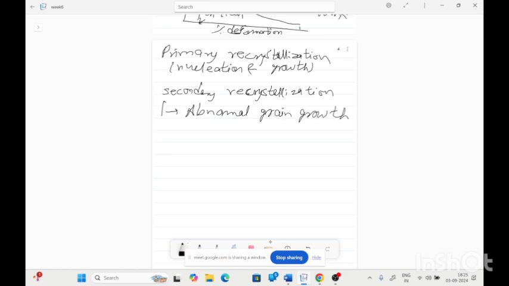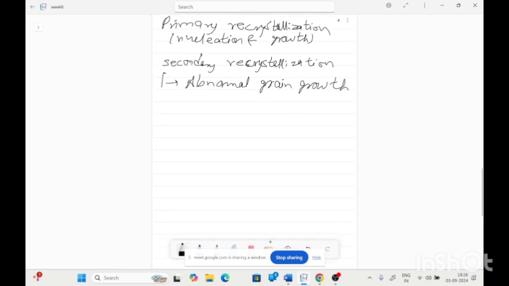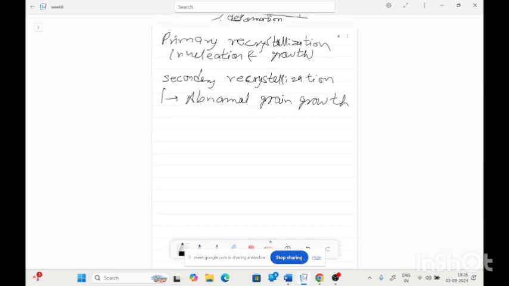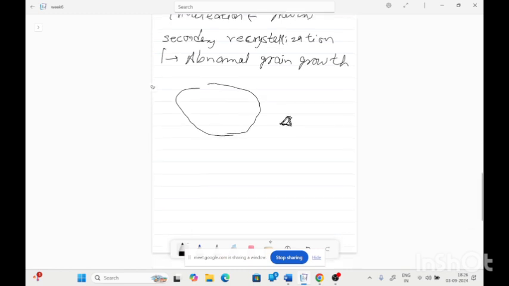So this abnormal grain growth is also not required for the mechanical properties, because some grains become very big, and some grains will shrink too. So the distribution of grains will also be asymmetric in the abnormal grain growth, and this will hamper the mechanical properties. So due to the abnormal grain growth, mechanical properties will be low.